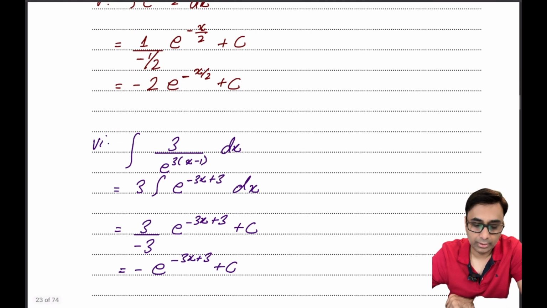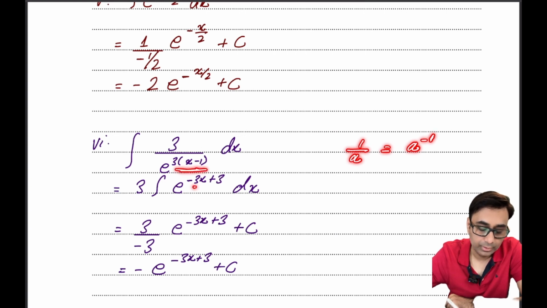One thing that is important, and please make a note of that, is you can't apply this formula unless the function is in the numerator. Here it's easier for you to shift it to the numerator, because if you have 1 upon a, you can just simplify that as a power minus 1. So when this goes up, its power gets multiplied by minus 1, and I get minus 3x plus 3.